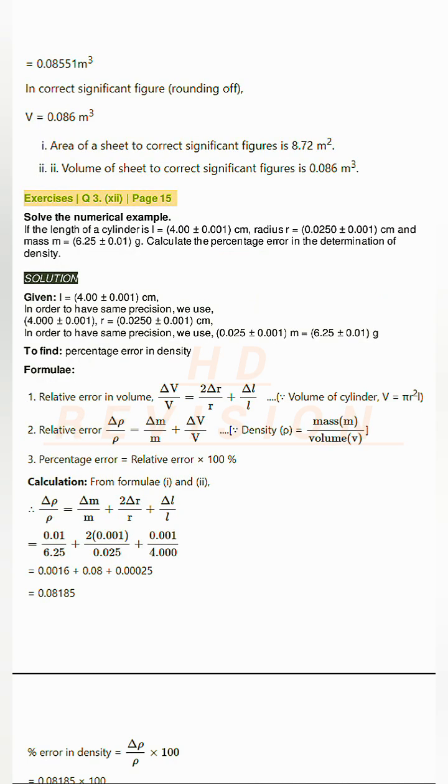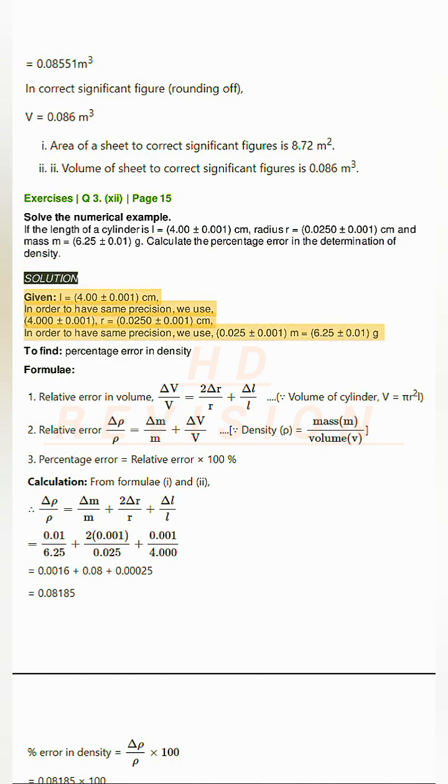Exercises Q3. XII, page 15. Solve the numerical example. If the length of a cylinder is L equals 4.00 plus or minus 0.001 cm, radius R equals 0.0250 plus or minus 0.001 cm and mass M equals 6.25 plus or minus 0.01 g, calculate the percentage error in the determination of density. Solution.